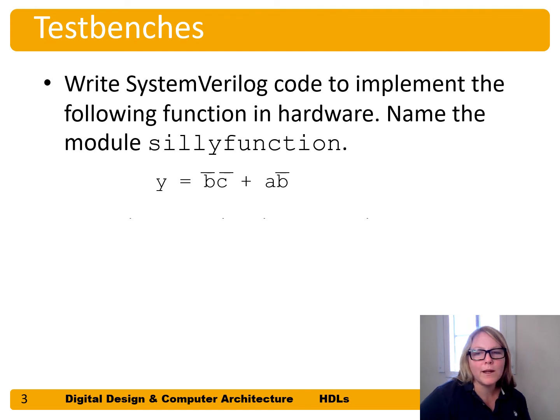So let's start by writing the SystemVerilog code for the module under test, the device under test. So this is some simple function y equals b bar c bar, or a and b bar. So pause the video and write a module for that function.